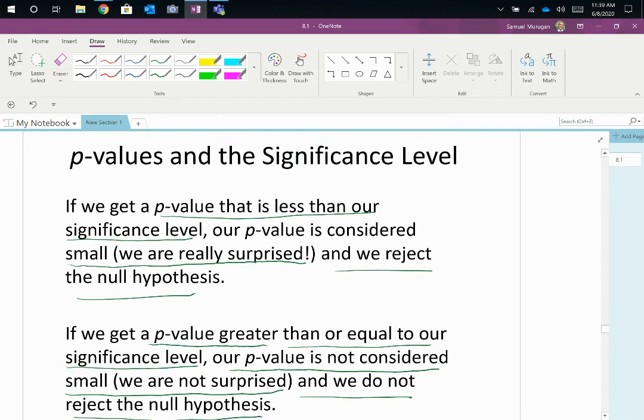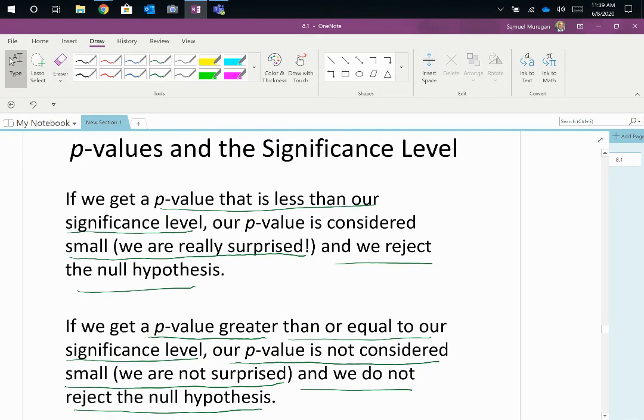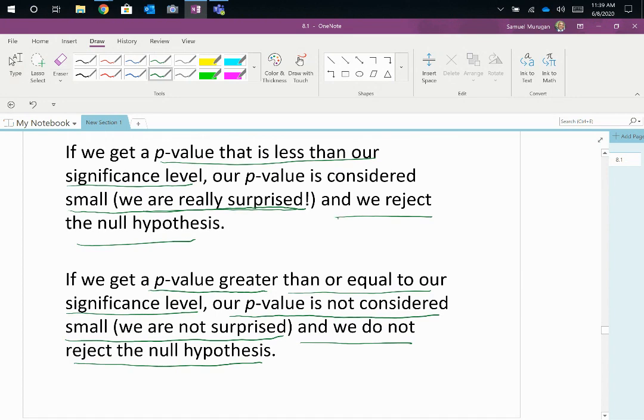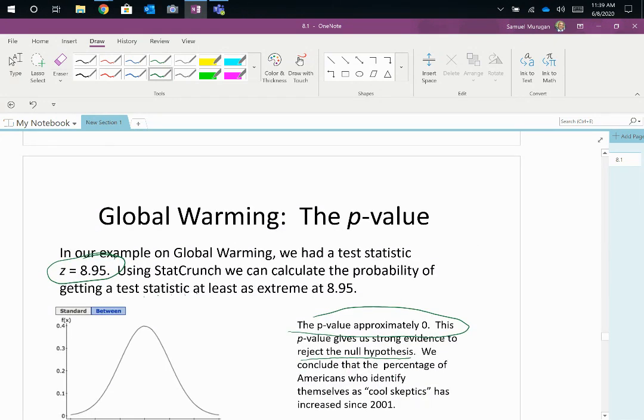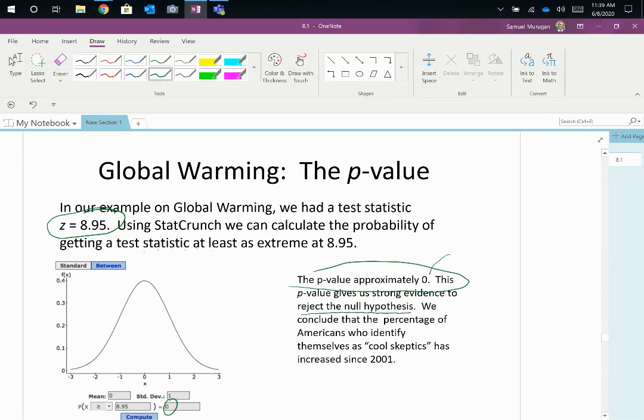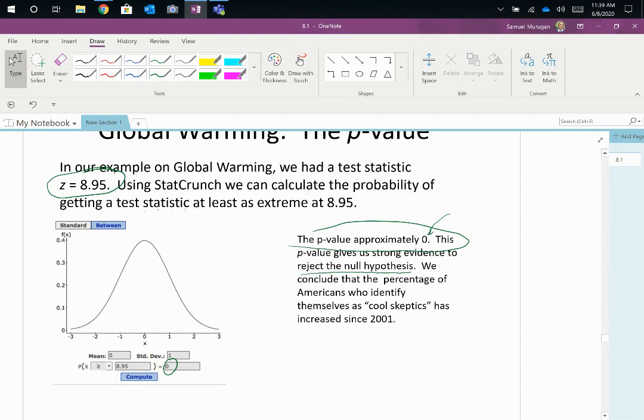Okay? Remember, our p-value is considered small. We're really surprised, and we reject the null hypothesis. So because this is very close, in fact approximately equal to 0, we reject the null hypothesis.